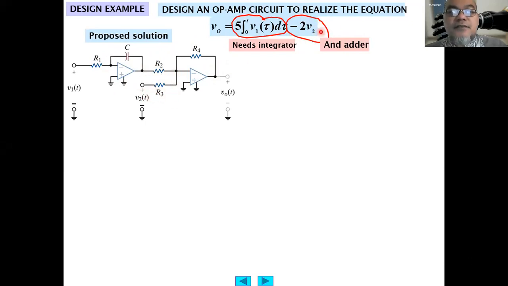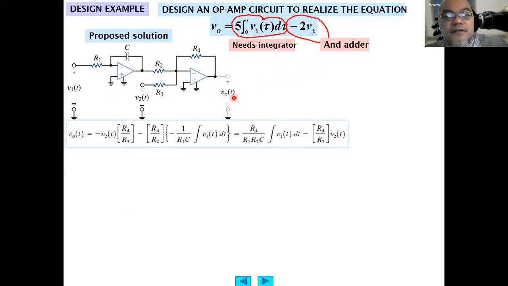The output calculated from here will be minus R4 over R3 times V2 for the addition, and then this voltage will be minus R4 over R2 times the voltage here, the part inside the parenthesis, minus 1 over R1C integral V1 dt.